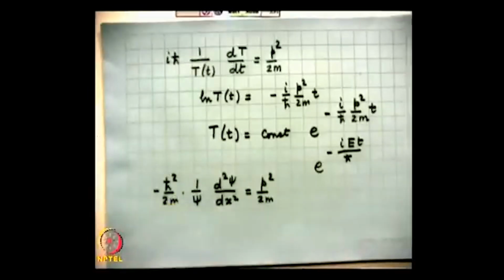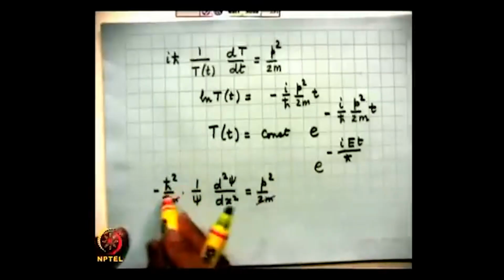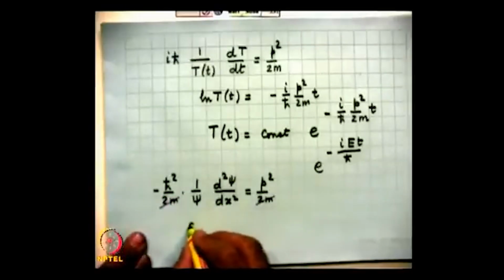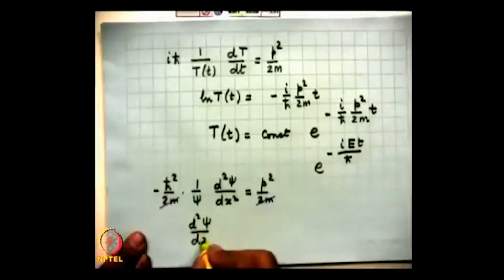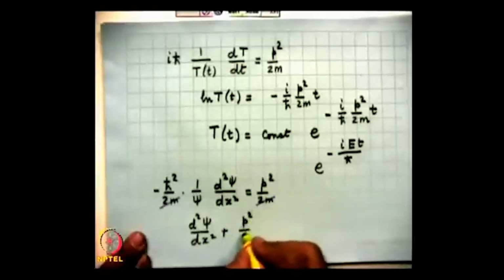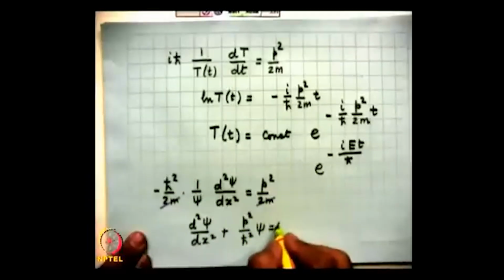I take h cross square on this side. So, I get d2 psi by dx square plus p square by h cross square psi is equal to 0.